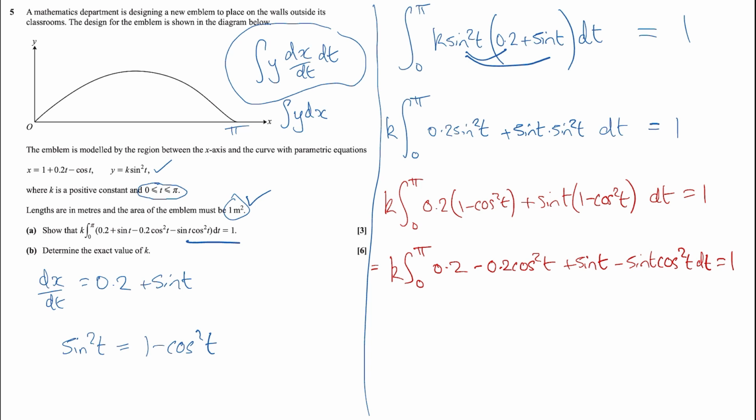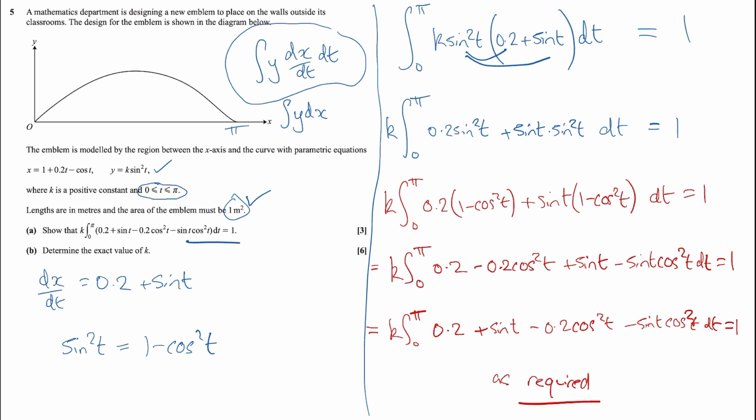It is, but just to make sure we get that third mark, let's write it exactly as they had it: 0.2 plus sine t minus 0.2 cos squared t minus sine t cos squared t dt. Then I always like to finish off these show that questions with something like this, as required. Hope that makes sense.